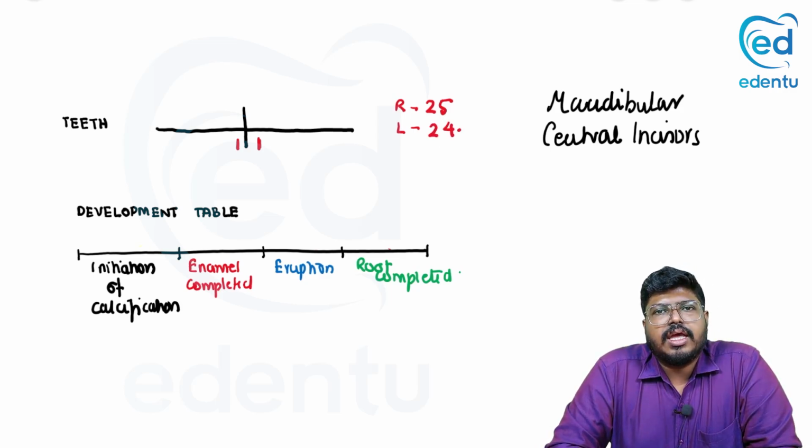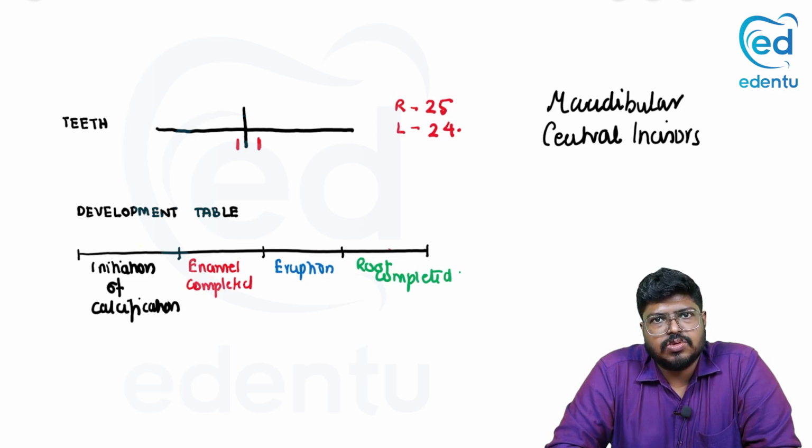So, in this sort of condition, let us go on to understand the differences with the maxillary, which I shall repeat again. The maxillary central incisor is the largest tooth mesiodistal widthwise, and it is much larger when compared to the maxillary lateral incisor as well as the mandibular central and lateral incisors.